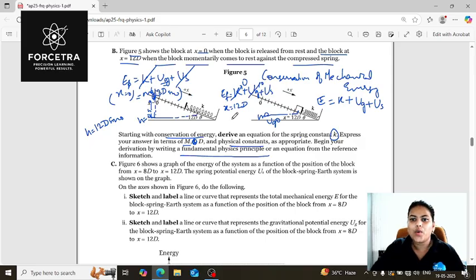Only the elastic potential energy of the spring is there, equal to half K x squared. X is the displacement, so EF is half K times the displacement squared. Initially it was at 8D, and it is fully compressed, so the displacement is 4D, squared.